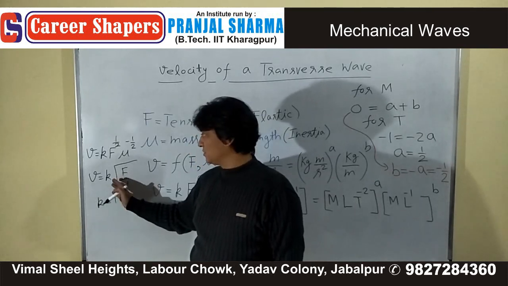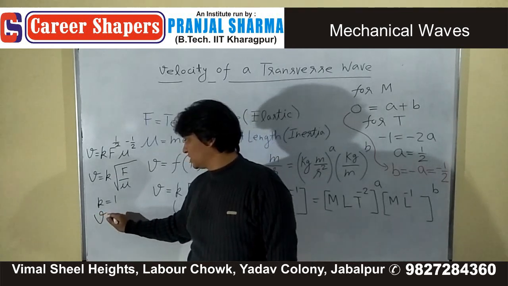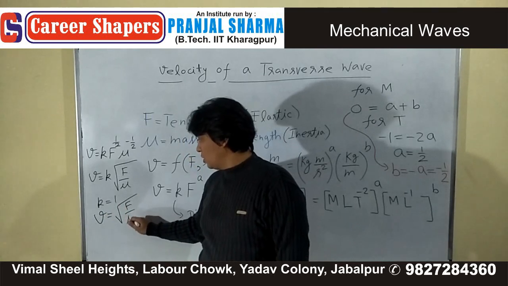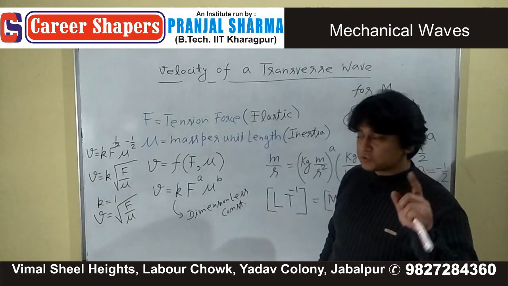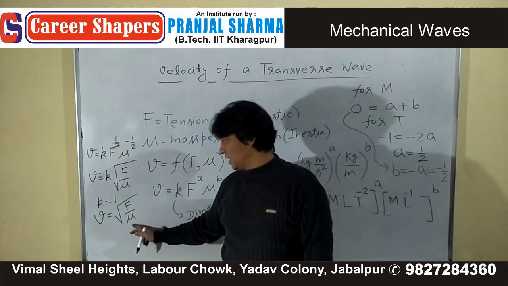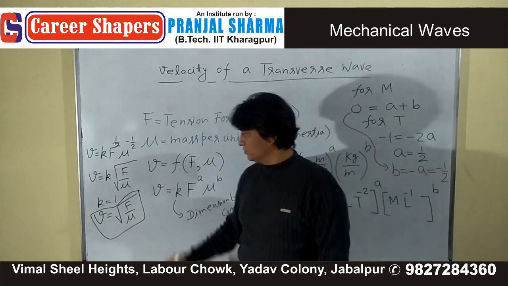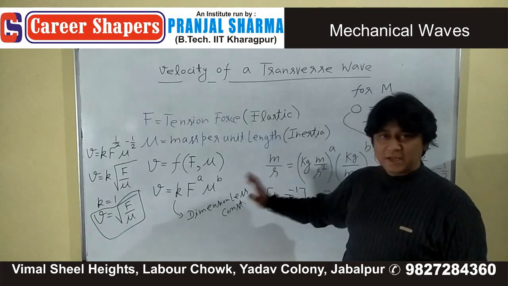Experimentally, when we find k, its value comes to 1. This gives us the velocity of a transverse wave in a string with tension force capital F and mass per unit length mu. That's how we develop it. Very easy thing.